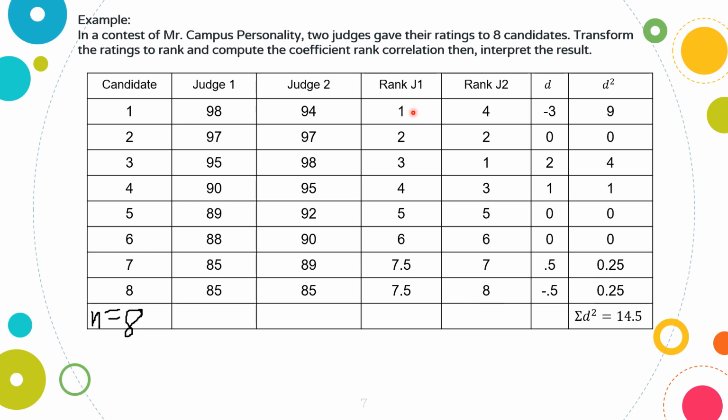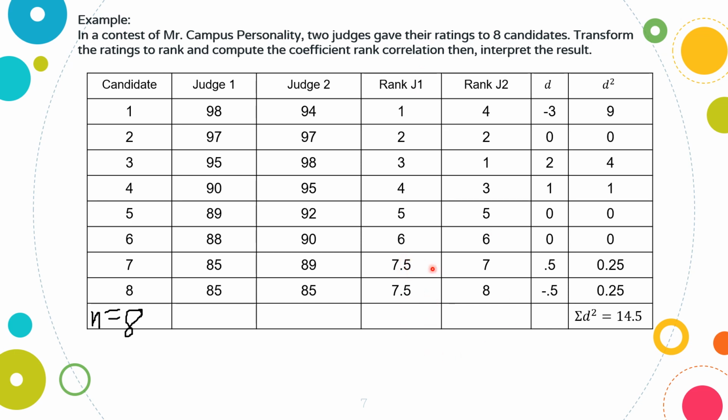So, first, para sa kanyang first niya is si candidate number 1, second niya si candidate number 2, third niya si candidate number 3, fourth niya si candidate number 4, fifth niya si candidate number 5, sixth niya si candidate number 6, and parehas yung score ni 7 and 8. Kaya meron tayong 7.5 tsaka 7.5.